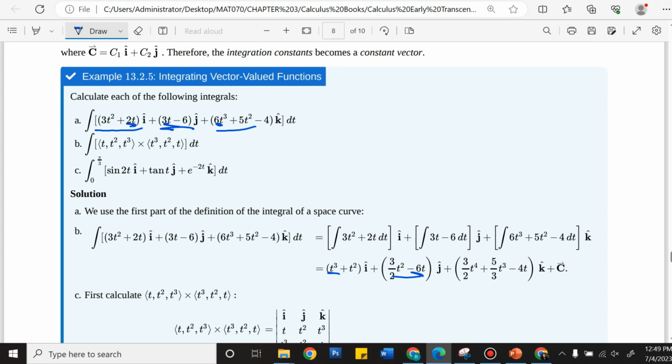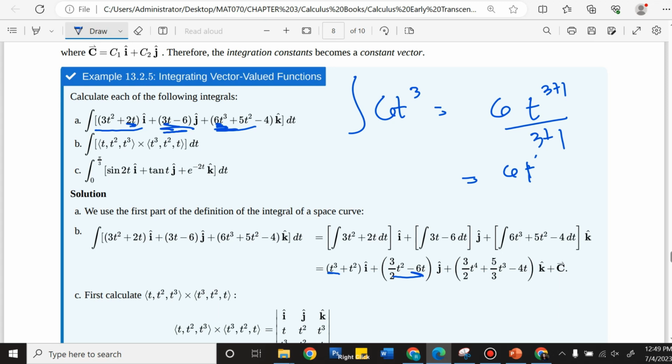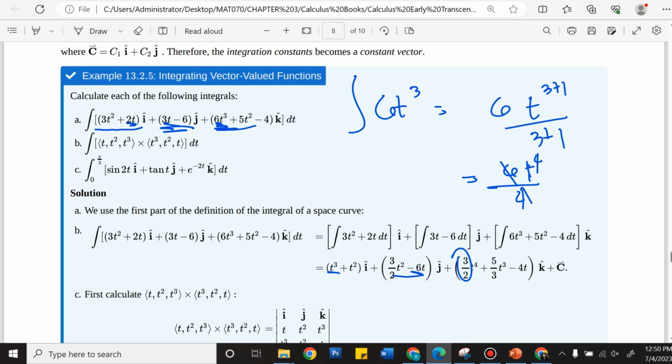Same lang gihapon in getting the antiderivative. For example, 6 t cubed: the exponent 3 becomes 3 plus 1 over 3 plus 1. In lowest terms, we have 3 over 2 t to the 4.